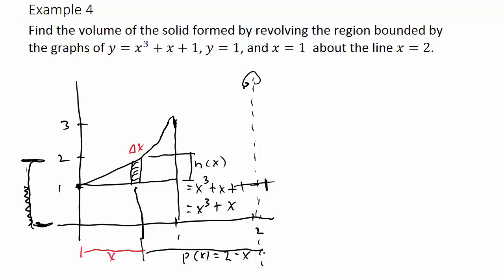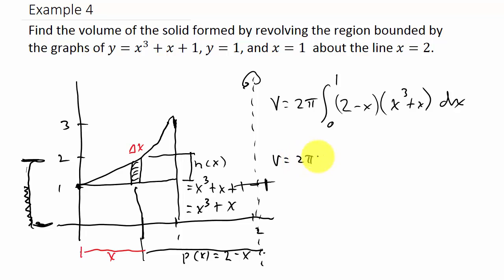Alright, now let's set up our integral. So the volume is 2 pi times the integral, and we're going from 0 to 1 of the radius, which is 2 minus x, times the height, which you see we got here, is x cubed plus x, dx.